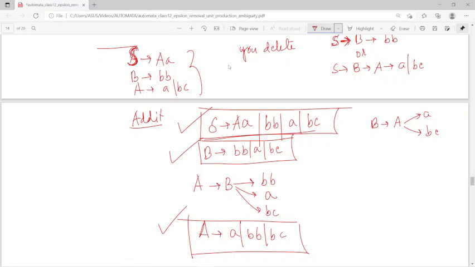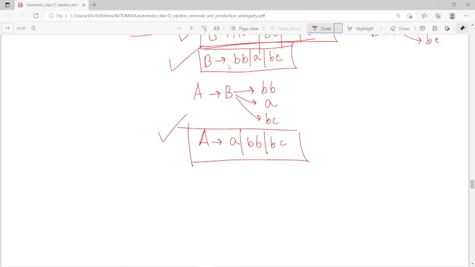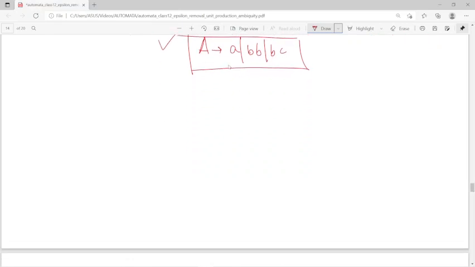Let's see another example, then it would be clearer to all of you. Say I'm taking another example, look at it carefully. It is given, say S to AB, A to a, B to C or b, C to D, D to E, and E to a, right?